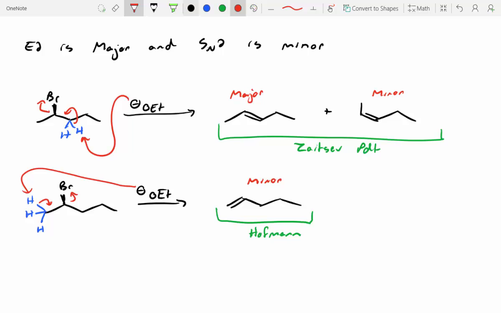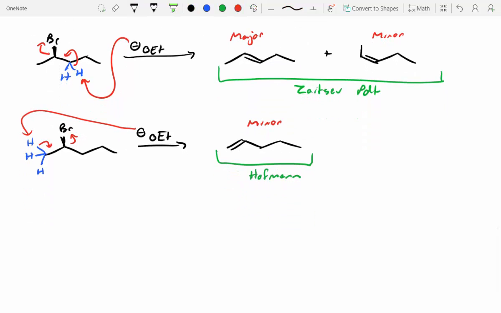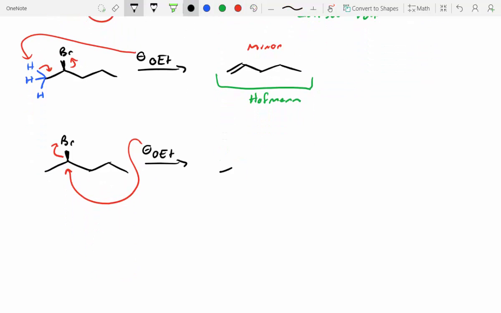And then last but not least, let's do our SN2. Where we've got ethoxide, and this can do a sneaky backside attack, kick off our bromine. And is this correct? What's wrong?